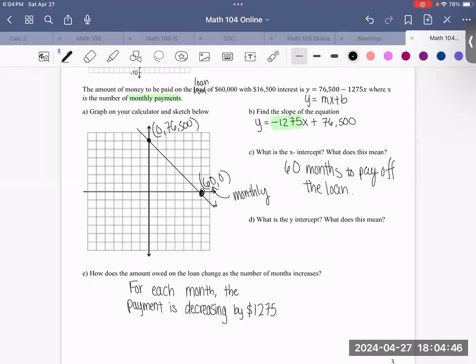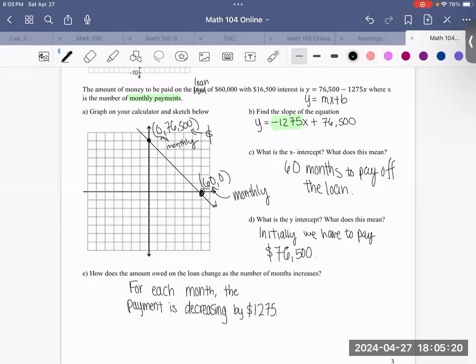Now, can you do the same thing for your y-intercept? Again, your x value is monthly, and your y value is a dollar amount, the loan amount. So we can say something like, initially, we have to pay $76,500 on this loan.